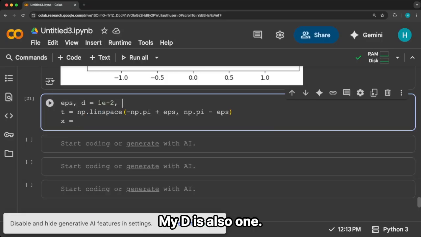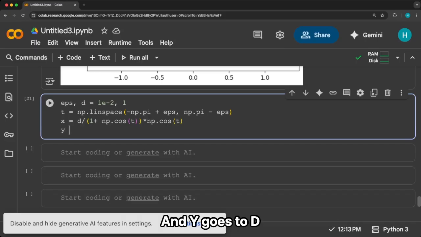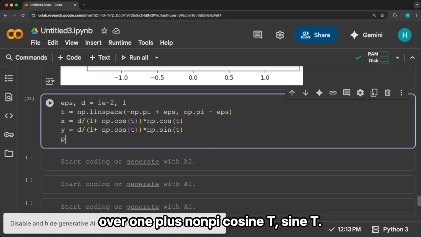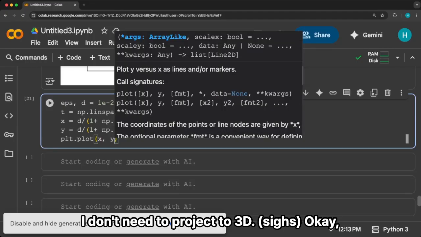So x is d over 1 plus numpy cosine t, times cosine t, and y is d over 1 plus numpy cosine t, times sine t. And this is two-dimensional, so I don't need the 3D projection.